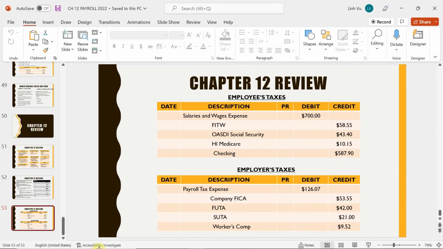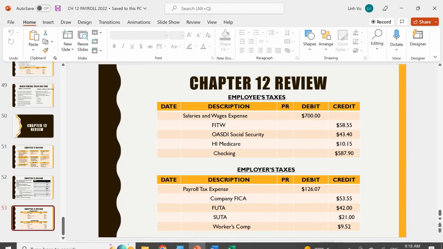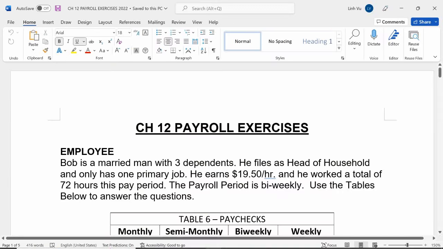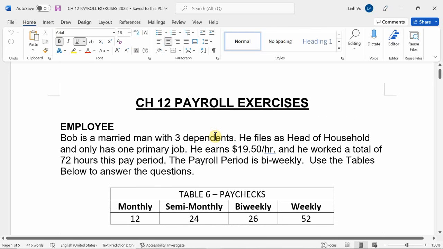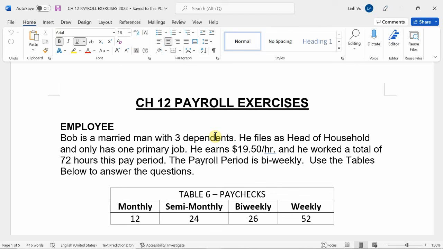All right. So let's take a look at our example here, the chapter 12 payroll exercises. So, employee Bob is a married man with 3 dependents, and he files as head of household, and only has 1 primary job.